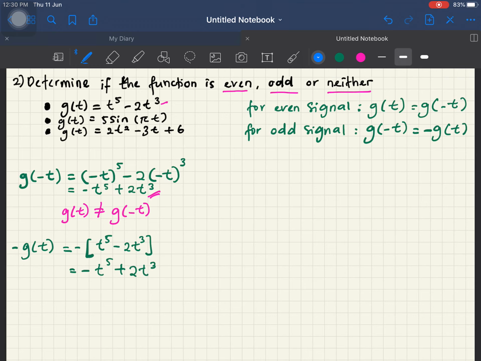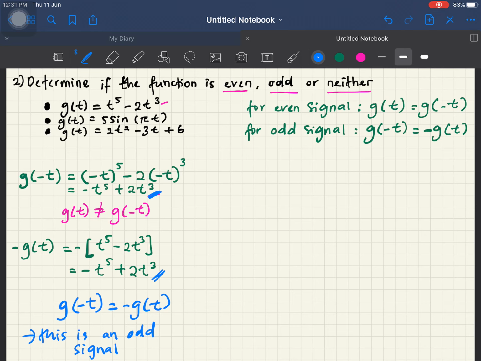Now if you look, you will see that this signal is equivalent to the signal for g of minus t. So you have g of minus t equals minus g of t. So for the first question, this is an odd signal.